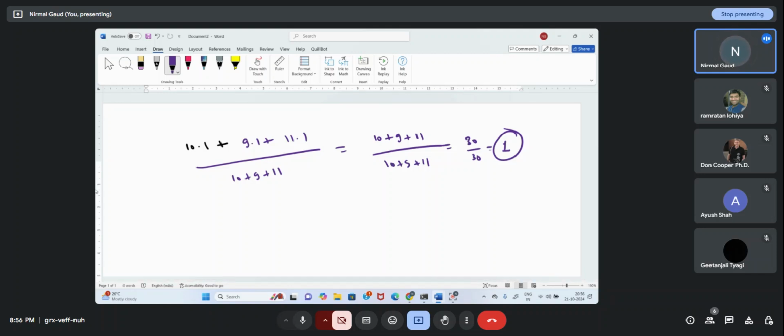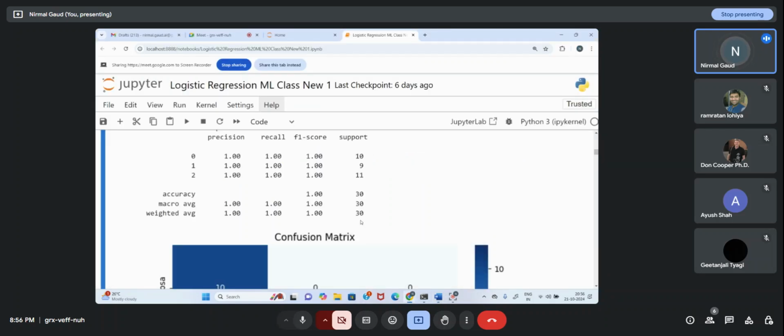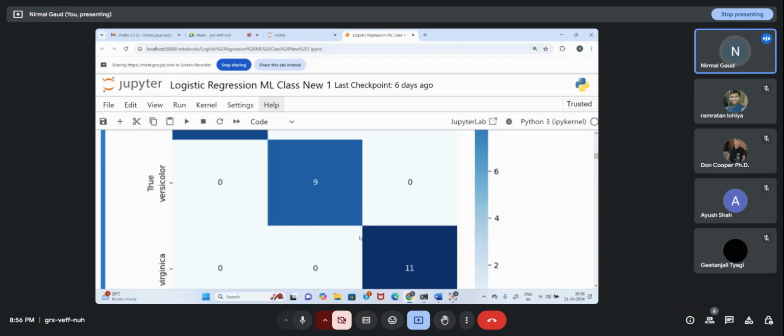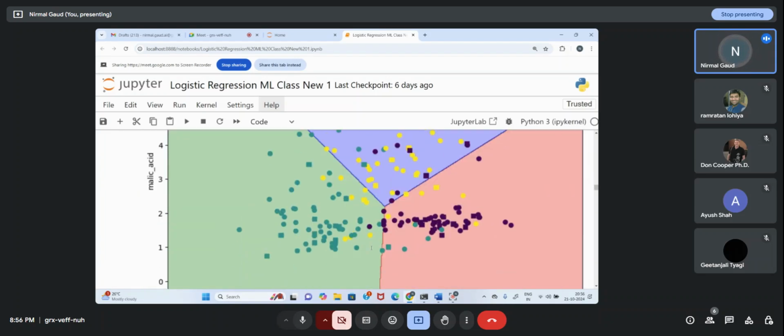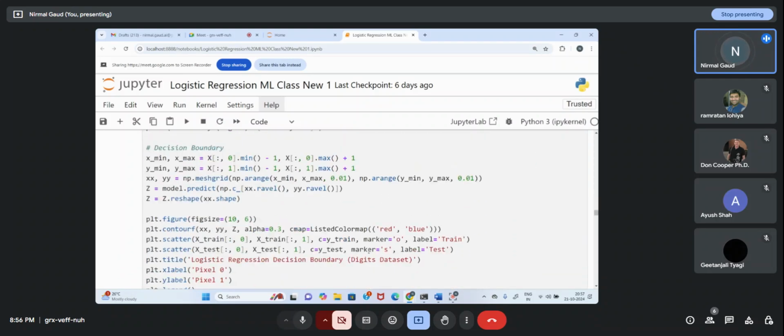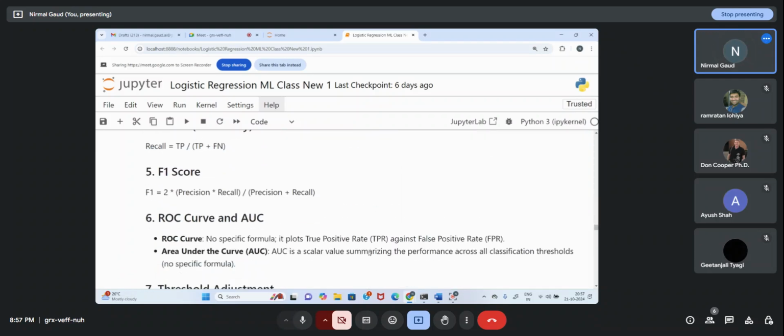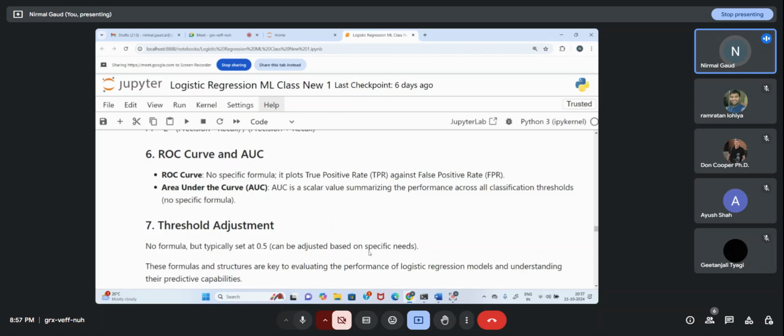So these terms I want to explain to you in the classification report. The confusion matrix is all clear, and the classification report is all clear. Apart from these, we have to make some more plots. They are the ROC curve, receiver operating characteristic, and there is no specific formula for ROC.